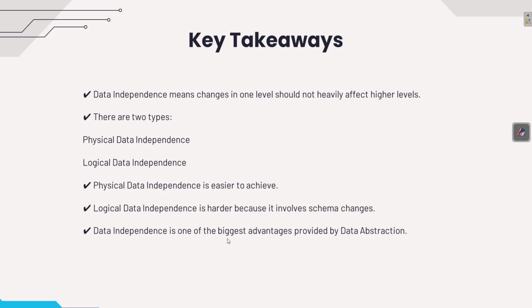Data independence is one of the biggest advantages provided by data abstraction. So this is data independence. We have seen in depth how we can achieve data independence and what its biggest advantages are.